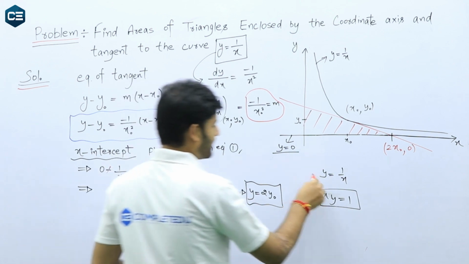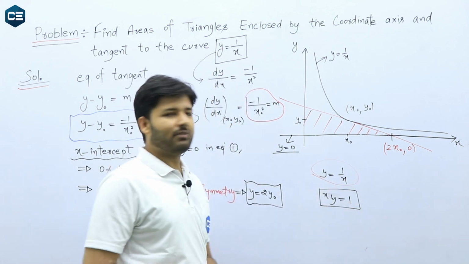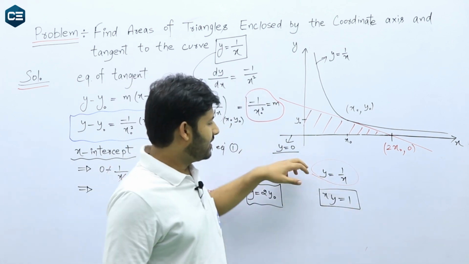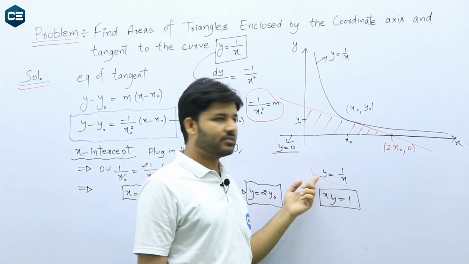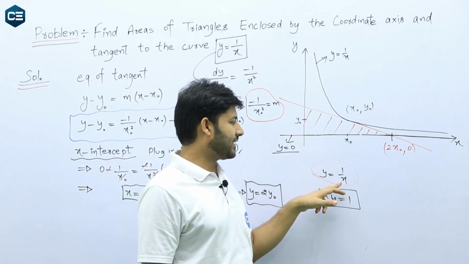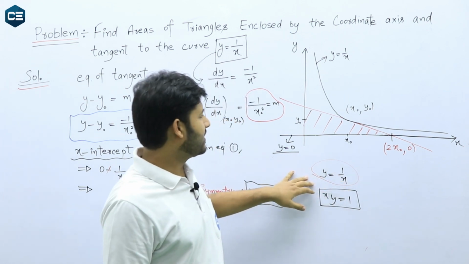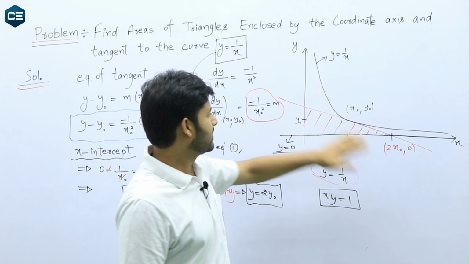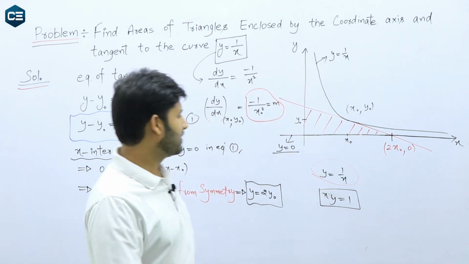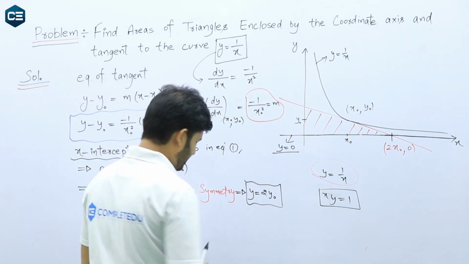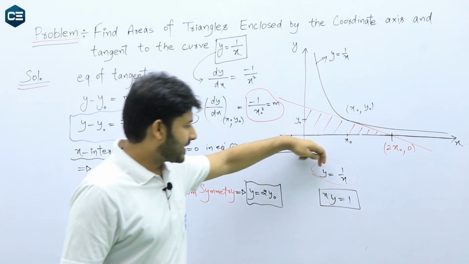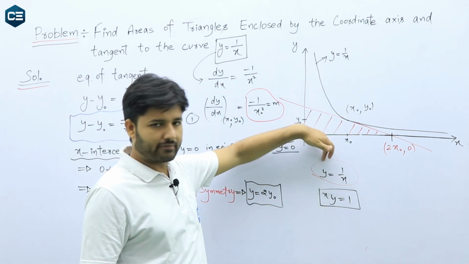It means our curve is symmetric. So if in a curve we substitute x at the place of y and y at the place of x, and there is no change in the curve, then that curve is symmetric about this diagonal line. The same thing, up and down. So we can put y at the x place and x at the y place.